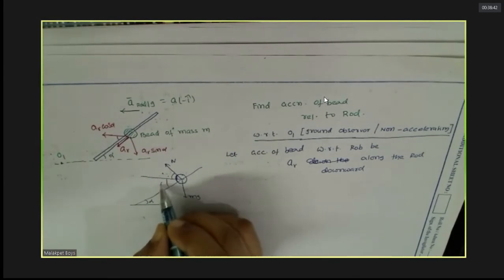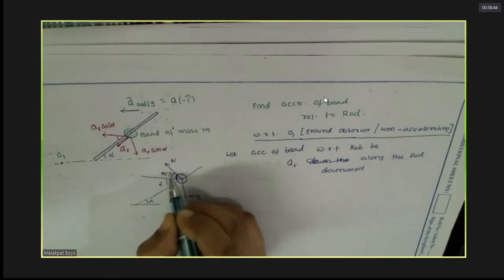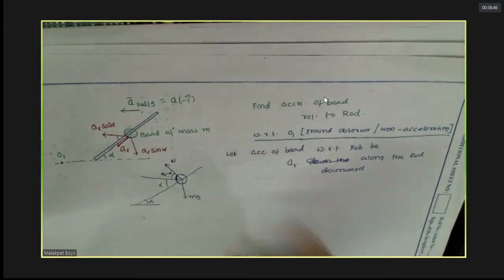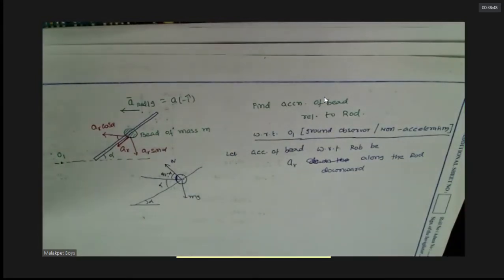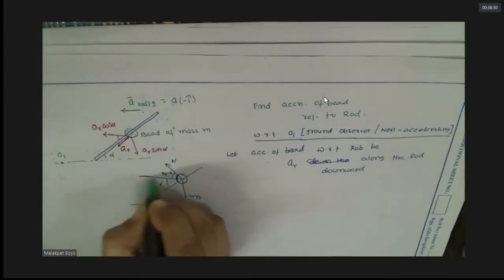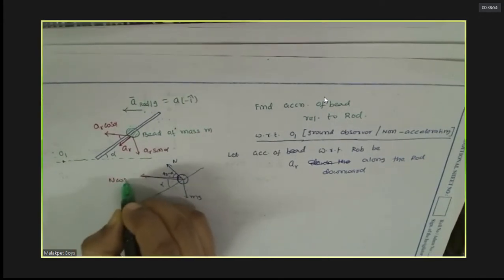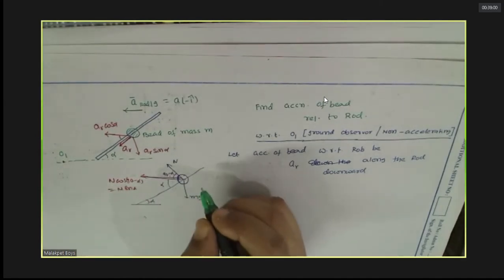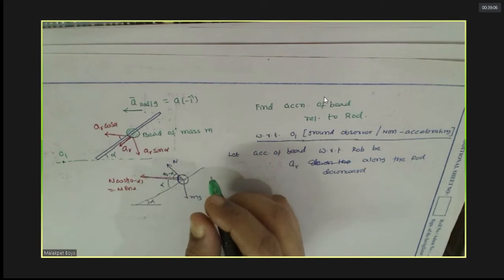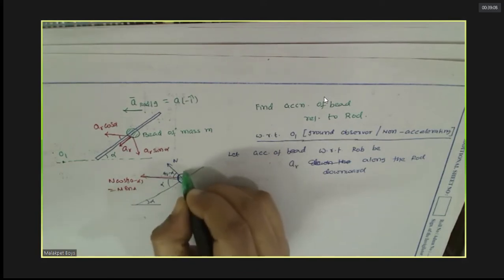Do you agree? So he resolves the forces in the direction of the axis. N cos(90 minus alpha), that is nothing but N sin alpha. For this. And this, of course, we don't require.